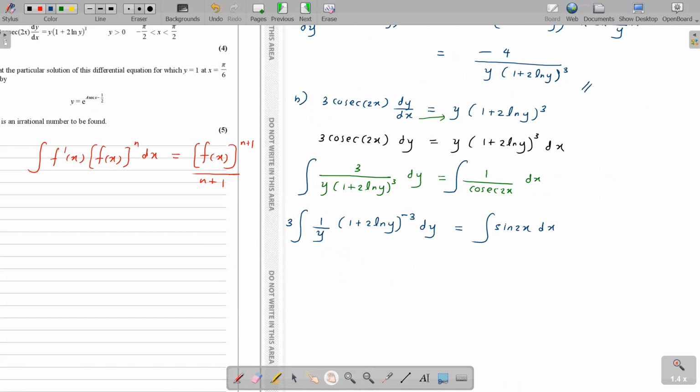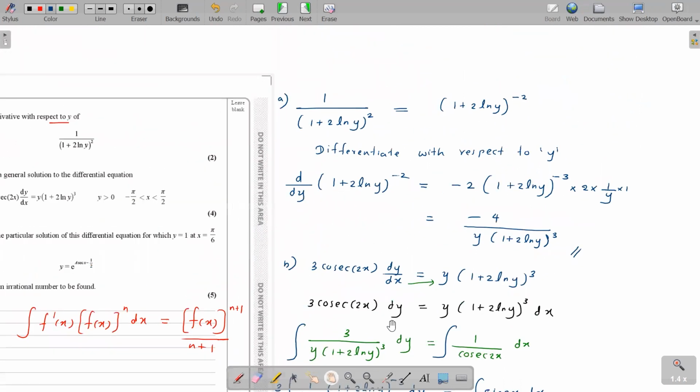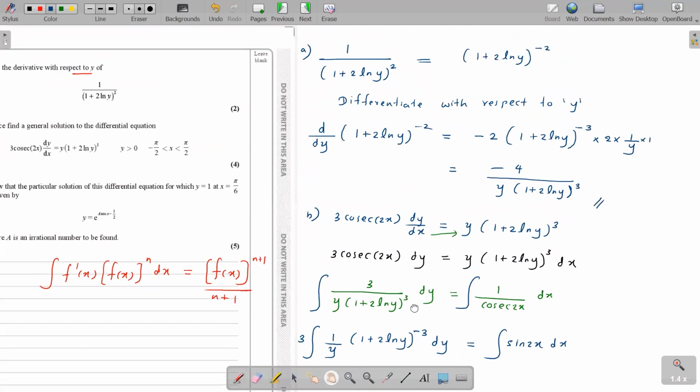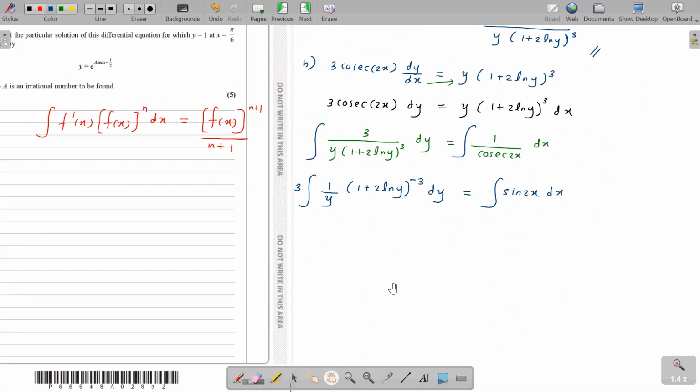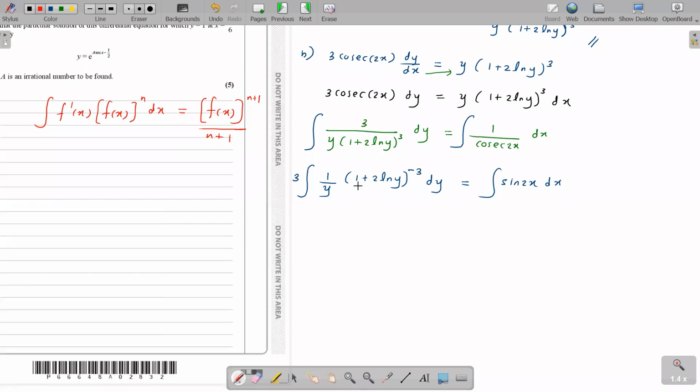Okay, now what do we see here? 1 plus 2 ln y to the power minus 3. This is my fx. 1 plus 2 ln y is my fx. Or we can say it's our fy in this case, because it's with respect to y. So what's the f dash? Do we have the perfect f dash y outside? 1 differentiation is 0. 2 times ln y differentiation with respect to y is 2 into 1 over y.